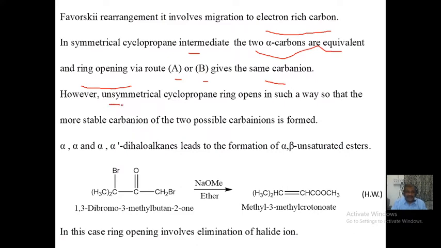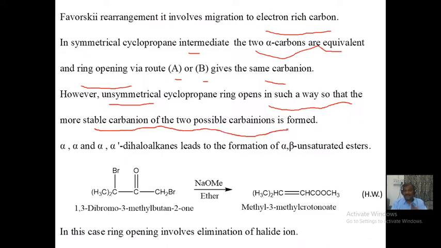However, when an unsymmetrical cyclopropane ring opens, which side will be favored, A side or B side? In such cases, the ring opening will be such that the more stable carbanionic carbon out of the two possible is favored.